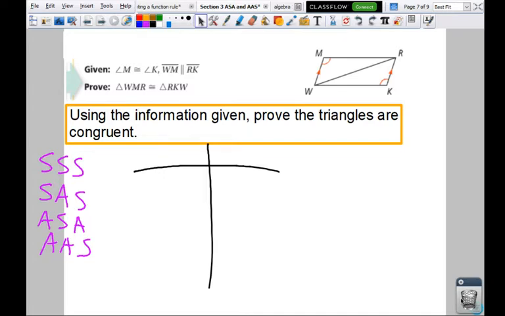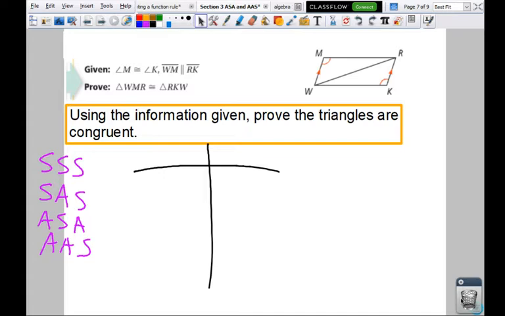Okay, so we've got an angle, right? And then a side, the side in the middle, right? So is my angle inside?